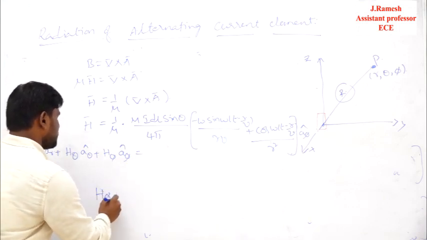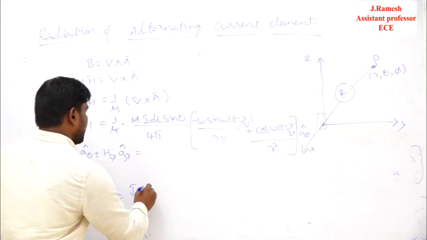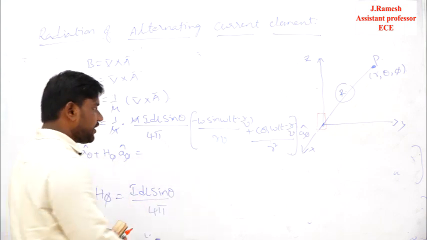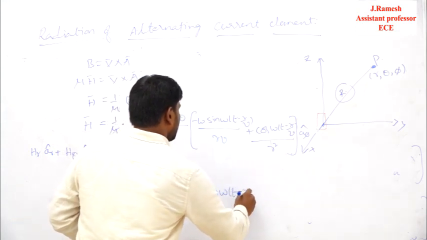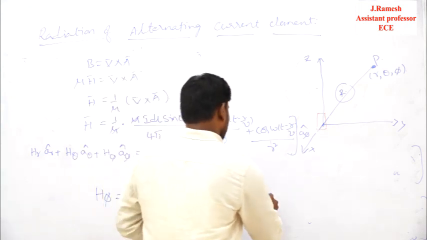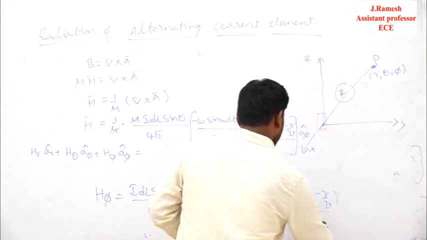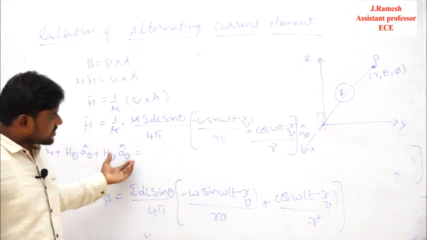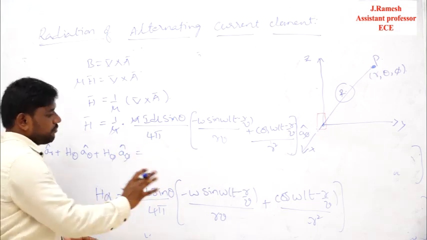So I can write H phi is equal to, mu and mu get cancelled, so I get I dl sin theta by 4 pi, multiplied with minus omega into sin of omega t minus r by v by r v, plus cos of omega into t minus r by v by r square. So now there is no need of writing a phi cap, because I already compared both sides, so a phi and a phi are both the same. So now I can write my H phi component like this.